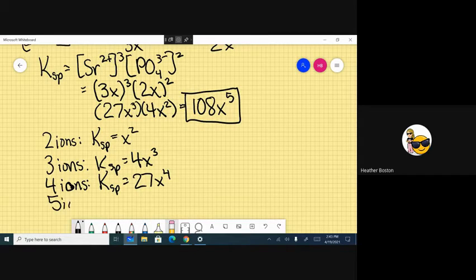And our last one that's even slightly reasonable would be 5 ions. Ksp is 108x to the 5th. Let's look at our patterns here.